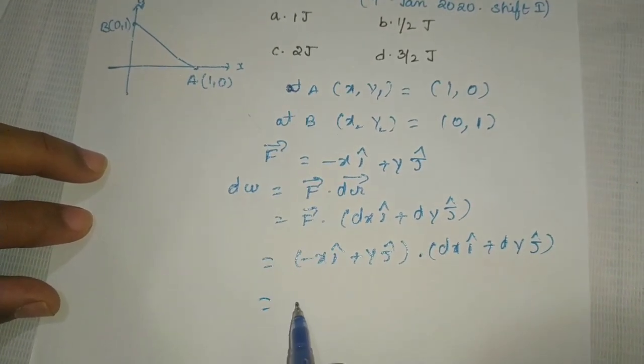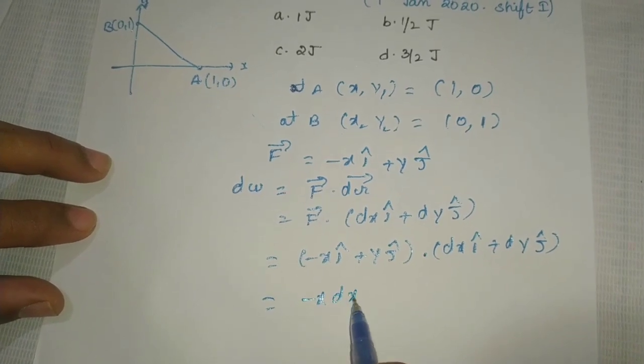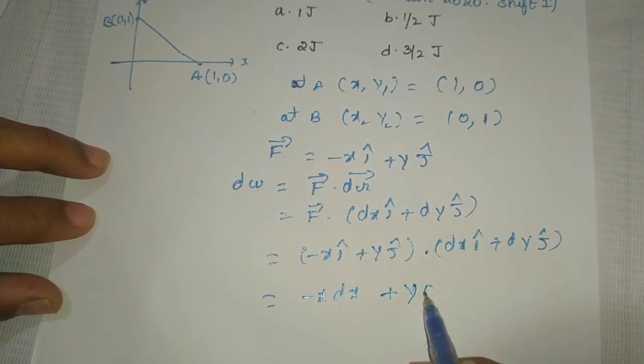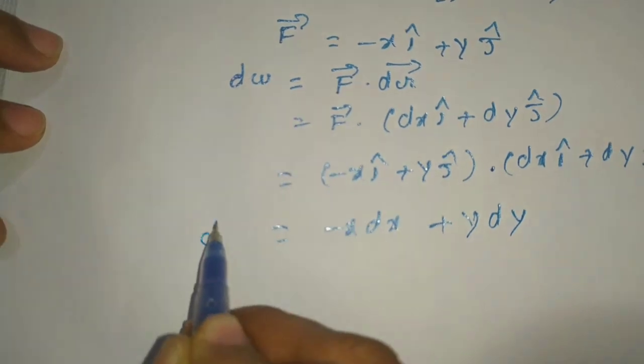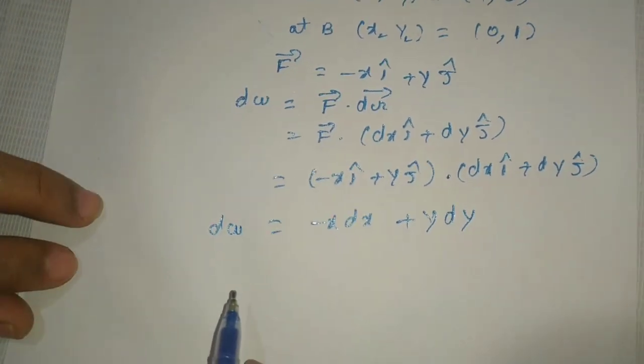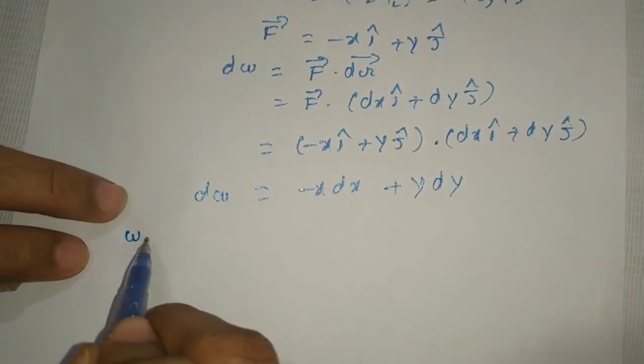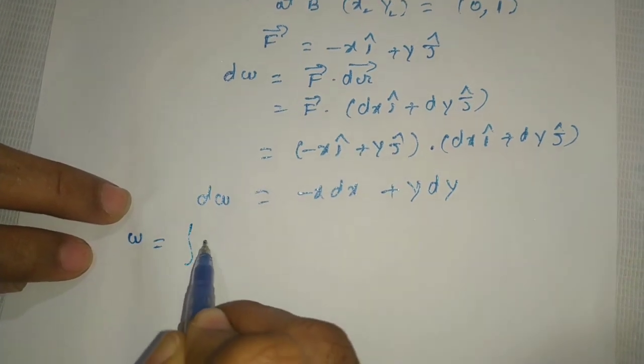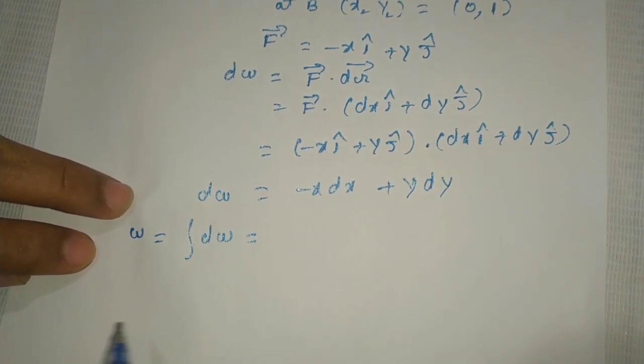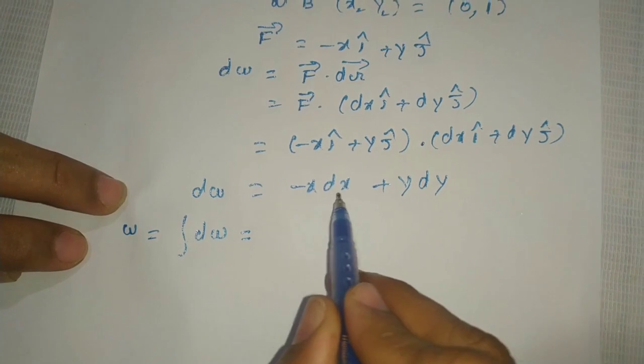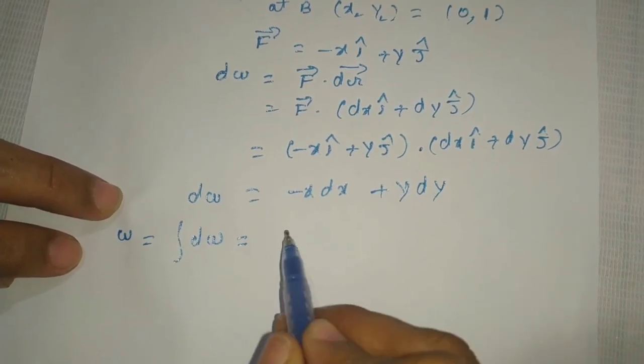It is equal to minus x dx plus y dy. This is the value of dW for small displacement. Then the total work done is the integration of dW. So we apply the integration for these two terms separately.